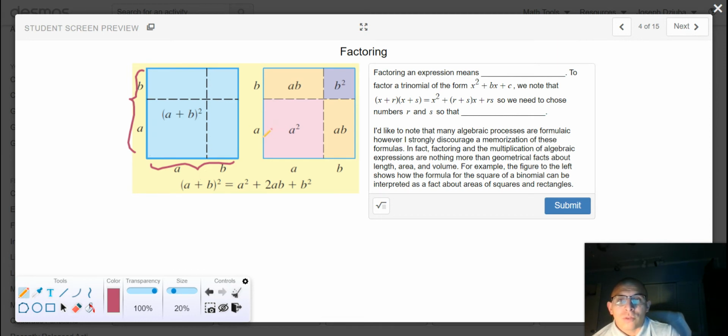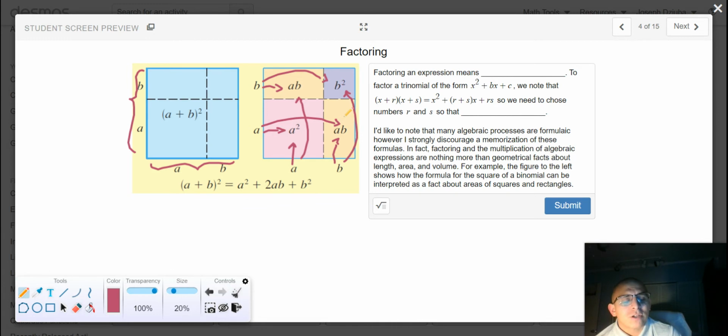Okay, so they're demonstrating once again the crosshairs or subsections of this, we can call it a rectangle since we have a and b and we can't assume that they're the same. But we would have a times a, which will yield a squared, a times b, b times b, and b times a.